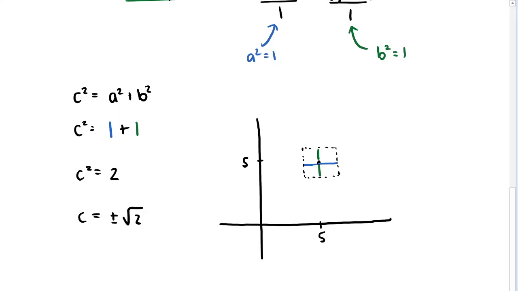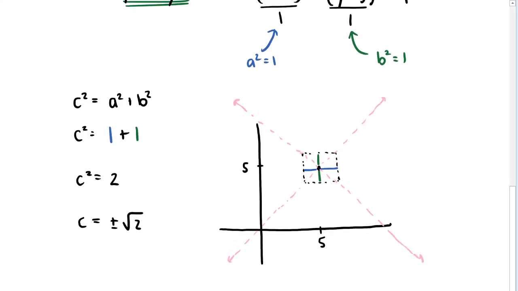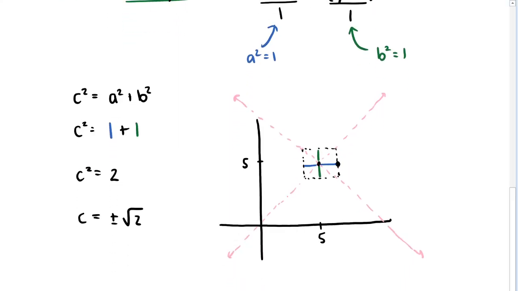And so these are asymptotes that are nice diagonal lines with a slope of 1 and a slope of -1. And so this is a horizontally oriented hyperbola. So here's the vertex on the right side, and here's the vertex on the left side. So let me redraw that part.